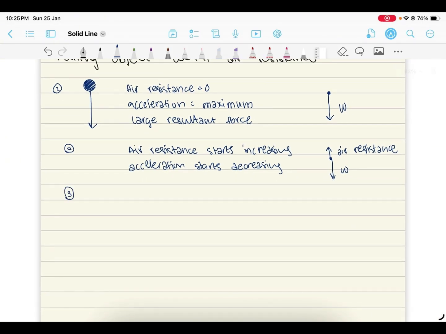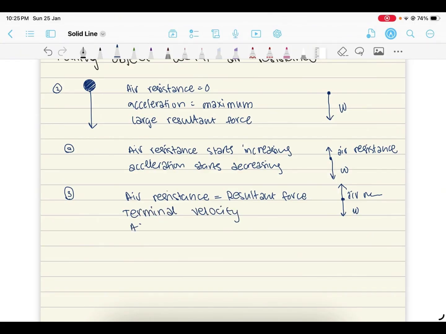And then it reaches terminal velocity, which means that air resistance is equal to your weight. Both will be equal. So you will reach terminal velocity, meaning acceleration is equal to 0.